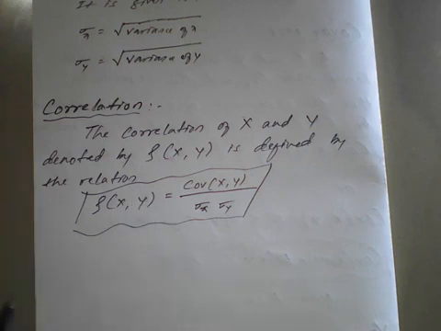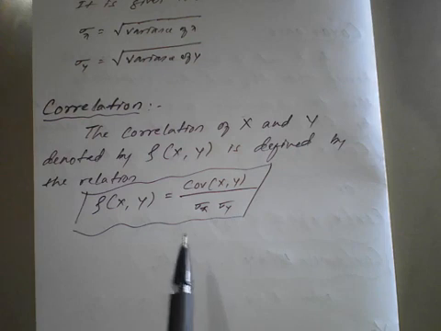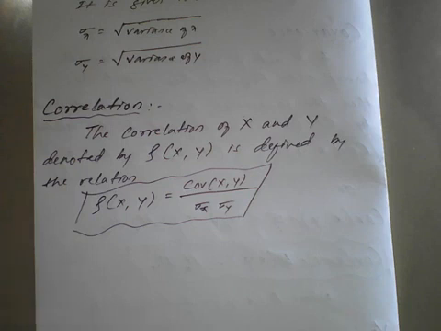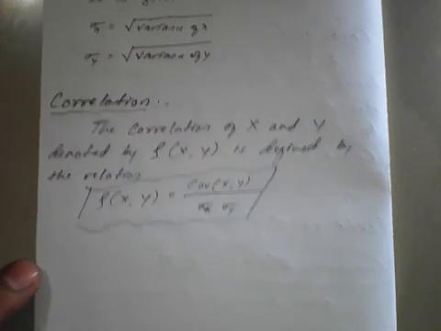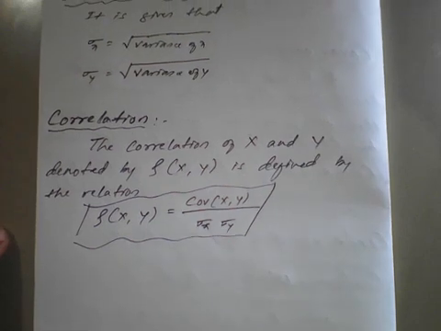We need to remember the expectation formula for x and y, and the variance formula for x and y. Then from the variance we can conclude the correlation, which is very important for examples. So these are the main concepts from the joint probability. With the help of these concepts we'll see the examples, as well as a few important concepts, in the future class.